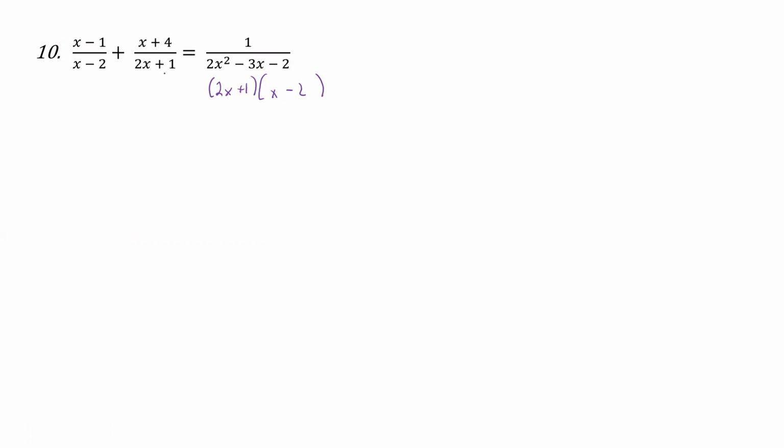And so 2x plus 1 and x minus 2 are my two values that we're not going to be able to have. And so we have x minus 2 equals 0. So x equals 2. So we can't have that. And x equals negative 1/2. And we can't have that. So those are the two excluded values that we will have, and if, when we get to the end, they come up as a part of the solution, we have to x them out.